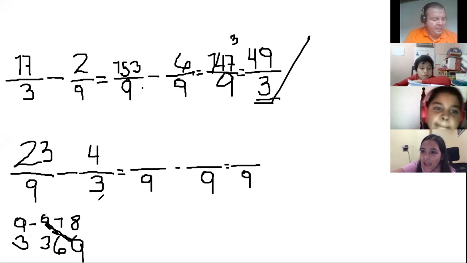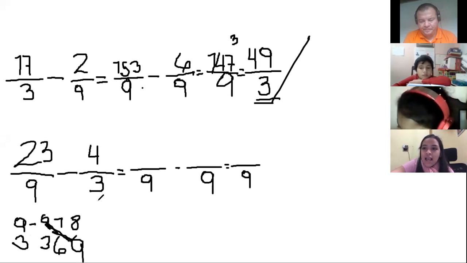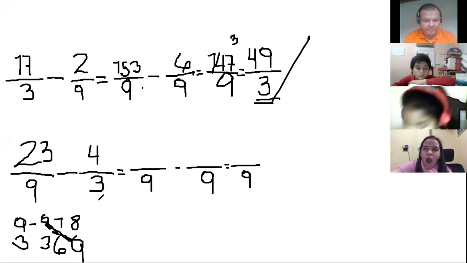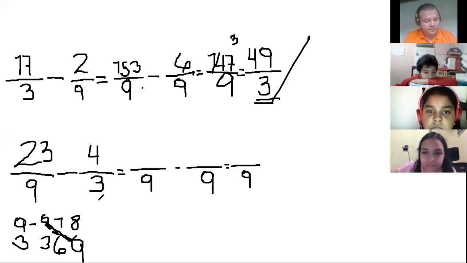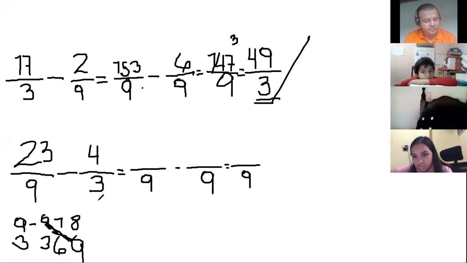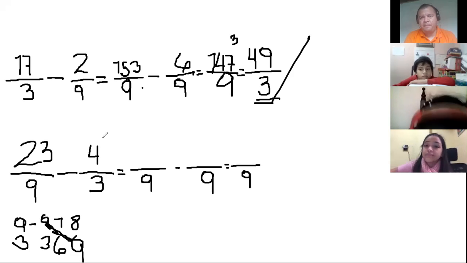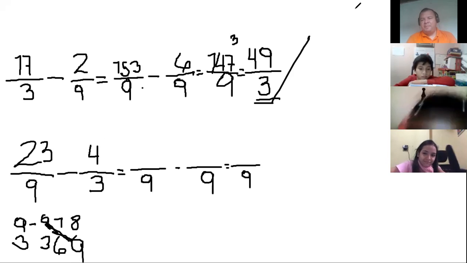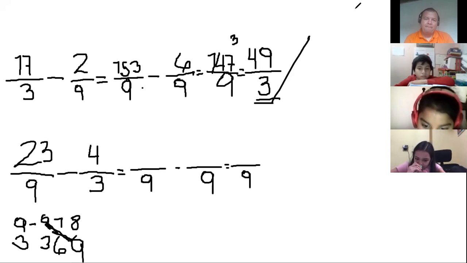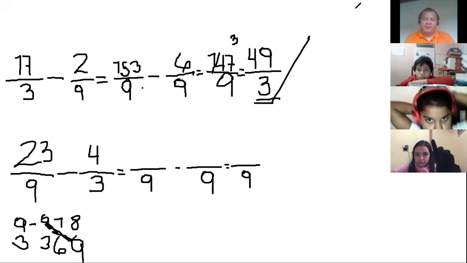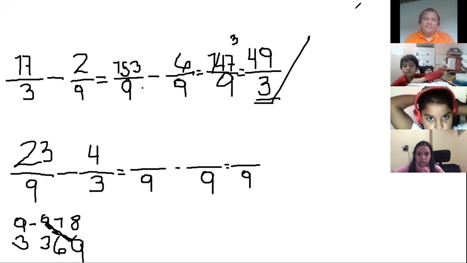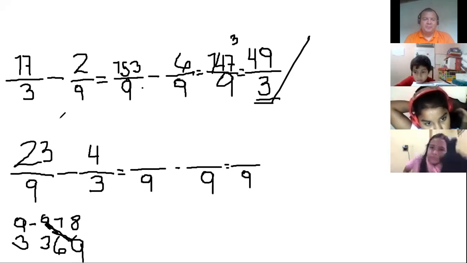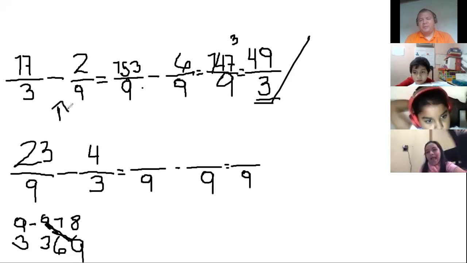Okay? What do I have to do right now? Multiply. Multiply which numbers? Why do you have 27? Tell me that, Anna. It's the same number as this one.